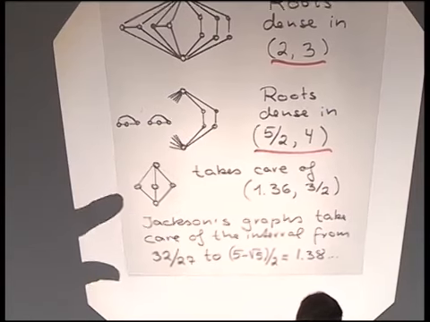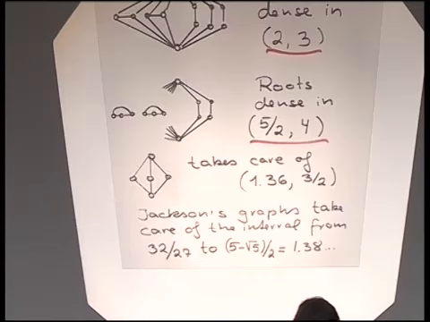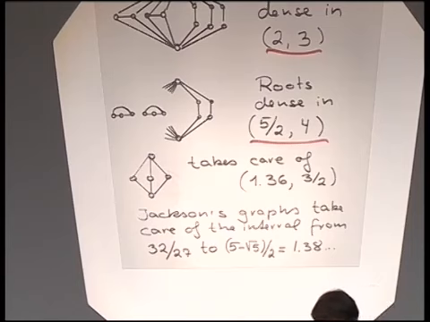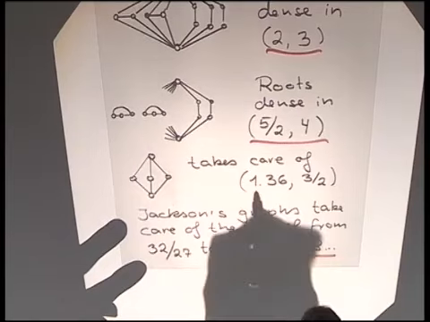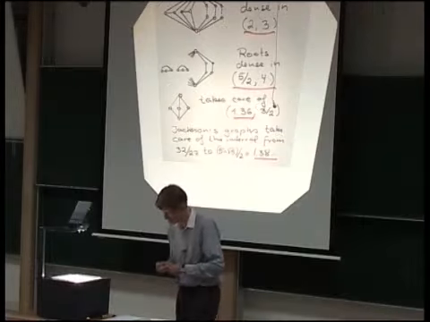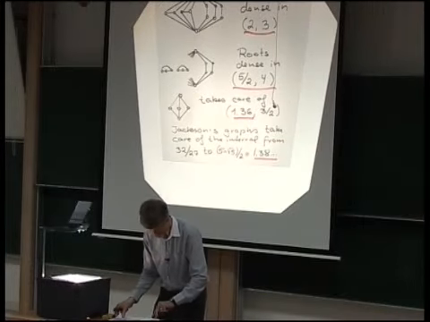Then I looked at Bill's graphs, and it turns out that they are strange in the interval between 32 over 27 up to this number, 5 minus root 5 over 2, and that's 1.38, etc. And fortunately, that is bigger than this. So that does it. So that was the density result.